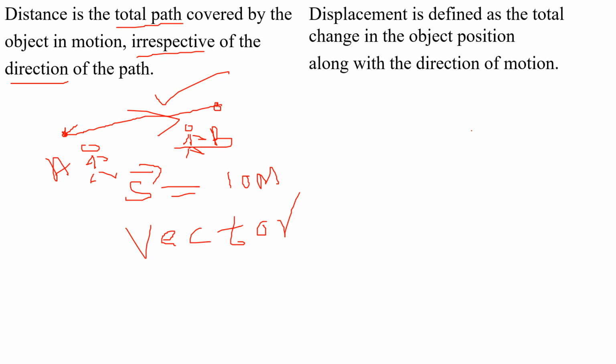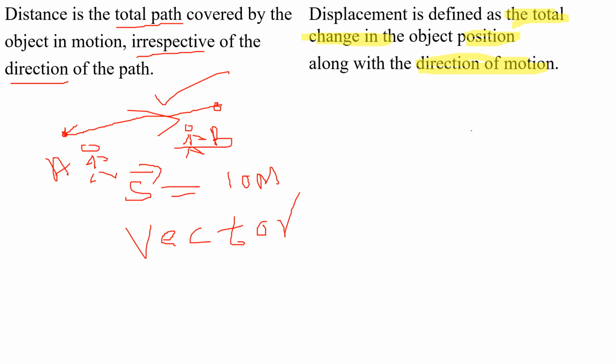Displacement is defined as the total change in object position along with the direction. When you move from one place to another place, everything changes.